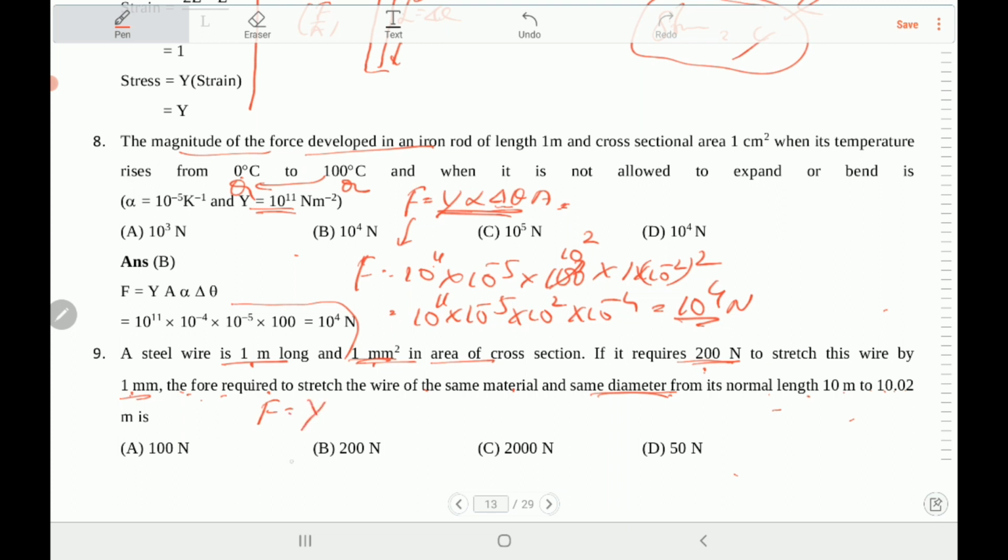Young's modulus is F by A over delta L by L. Solve it, F is delta L by L times area. Since area same, Young's modulus same, if you put the same 1 mm square, it will cancel out. Same material implies Y same. So you have a relation for force: delta L by L times. That's all. Delta L by L. That's it. So for two materials you write this.